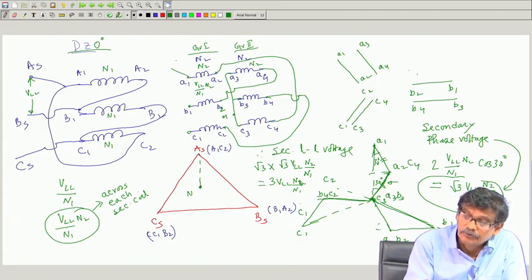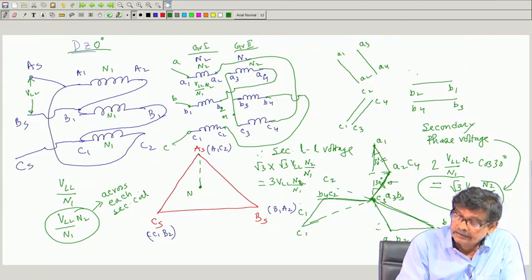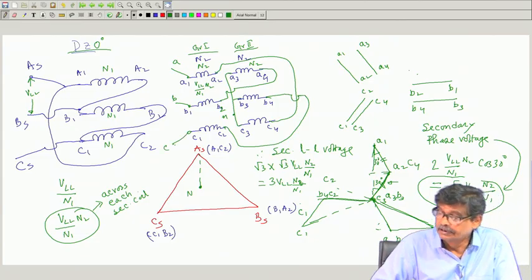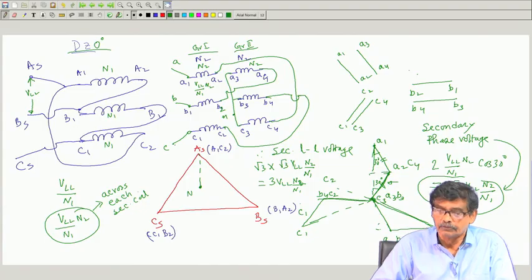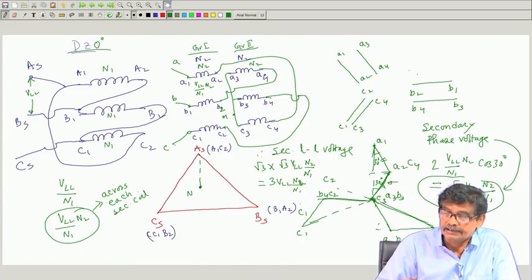This goes to load A, B and C, and what is the line to line voltage and phase voltage, how to calculate, we can easily relate them.